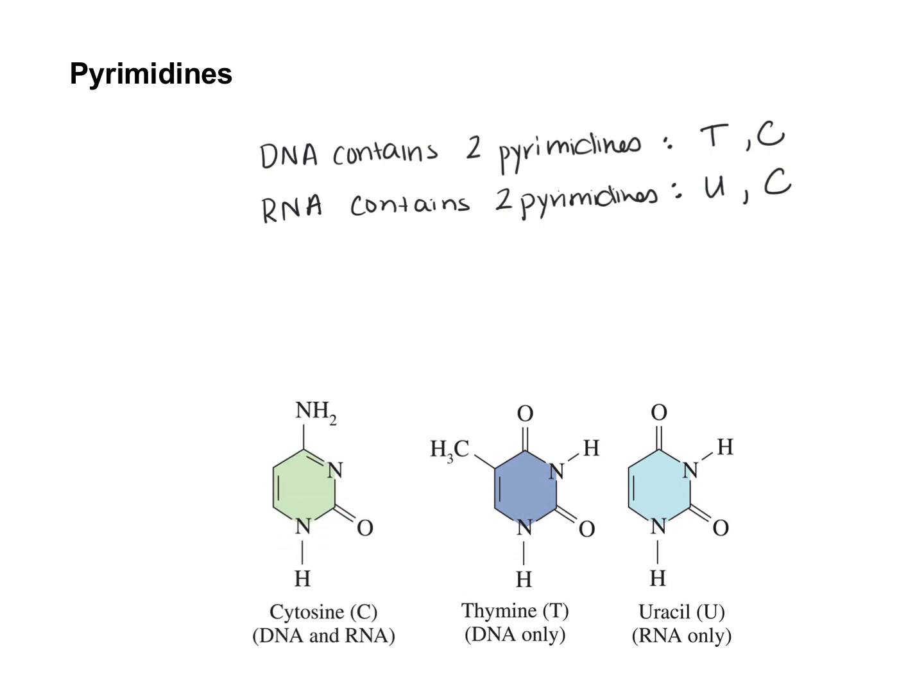You can see the structures here, as well as the 1-letter codes. One of the things that's very helpful is that cytosine is in DNA and RNA, but thymine is in DNA only, and uracil is in RNA only. Now, nucleotides also contain a 5-carbon pentose sugar.